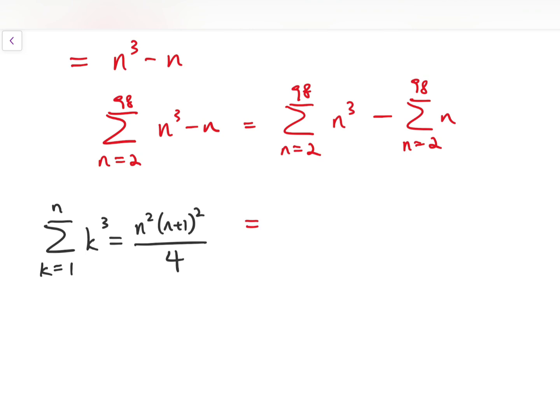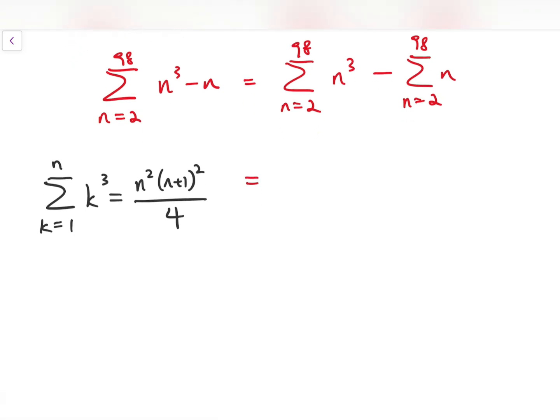Or a better way to memorize the pattern would be just saying that it is the sum of the first n numbers, whole squared. Not just the sum of squares, but the square of the sum.